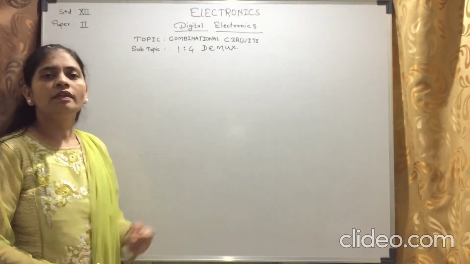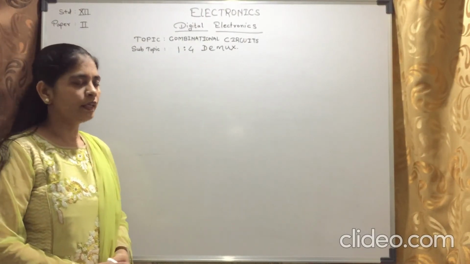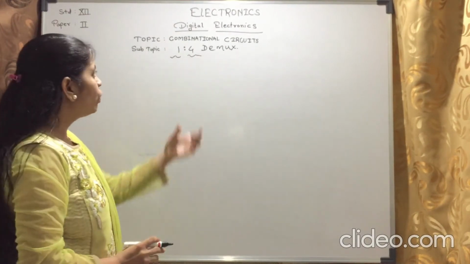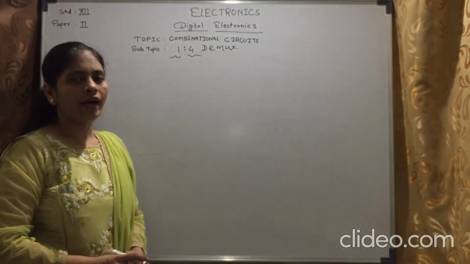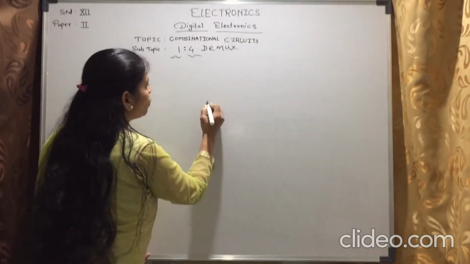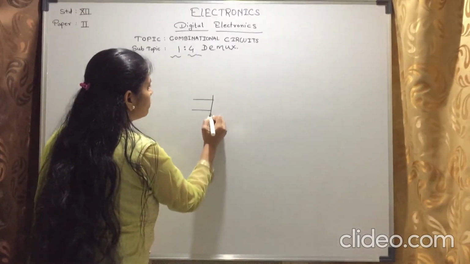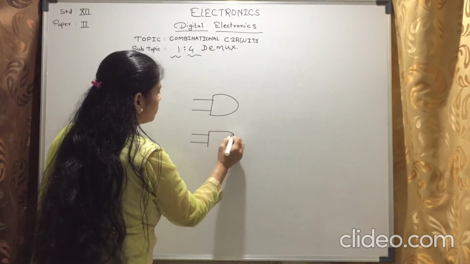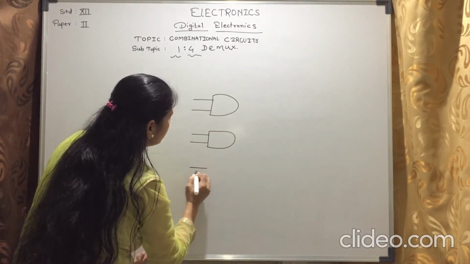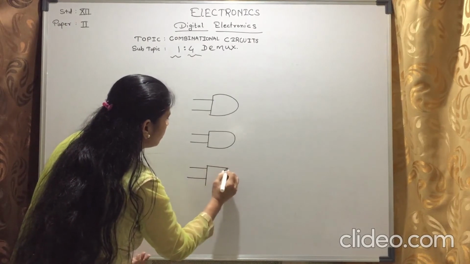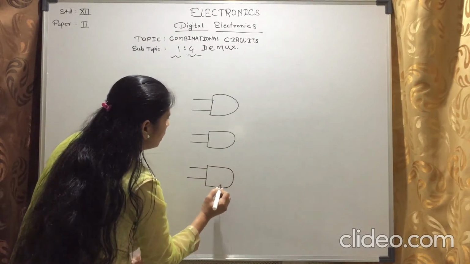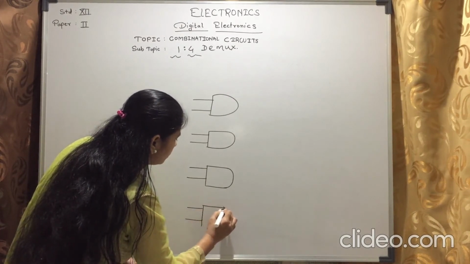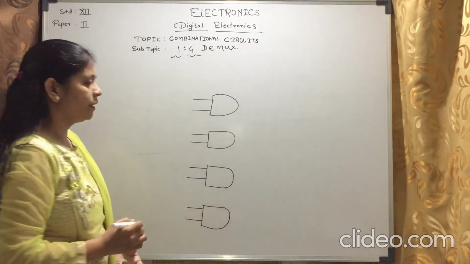Now we'll draw the circuit diagram of 1 to 4 demultiplexer, in which 1 input is there and 4 outputs. For 4 outputs, we require 4 AND gates. So first we'll draw 4 AND gates. This is the first AND gate, second AND gate, third AND gate, and this is the fourth AND gate.